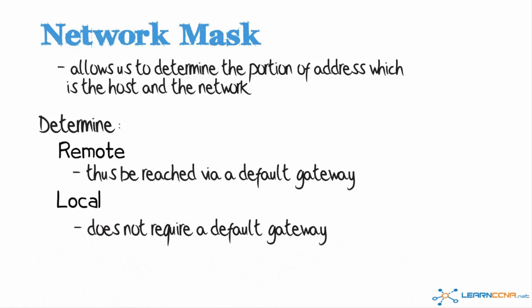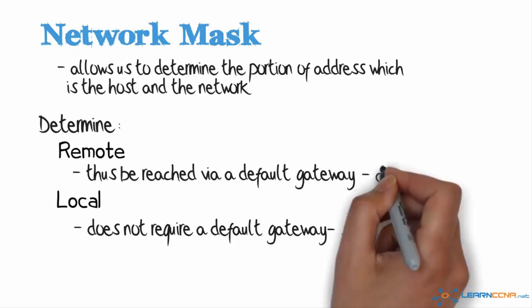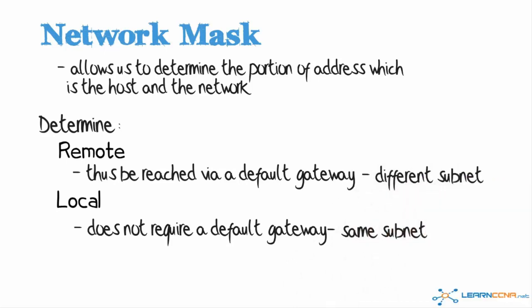So if PC A and PC B are in the same subnet, no default gateway is required. But if they're on different subnets, then a default gateway would typically be required to do the routing between the two PCs. So that's essentially what a network mask does.